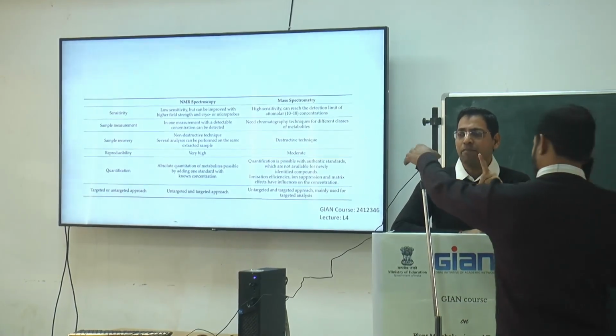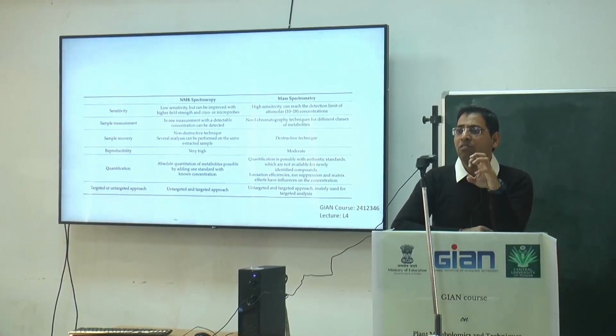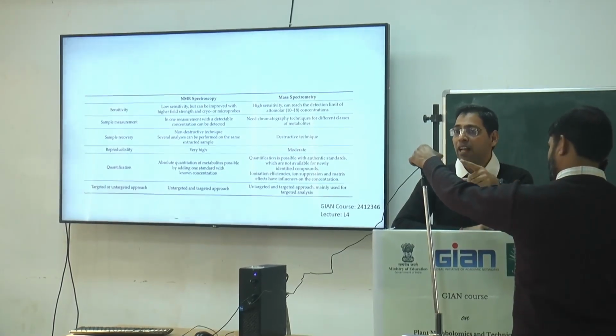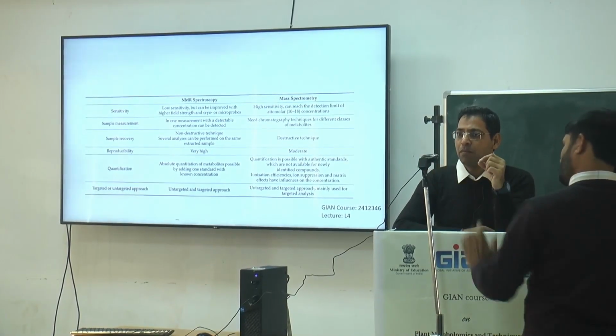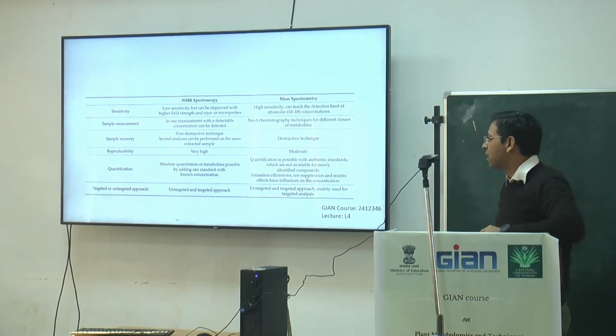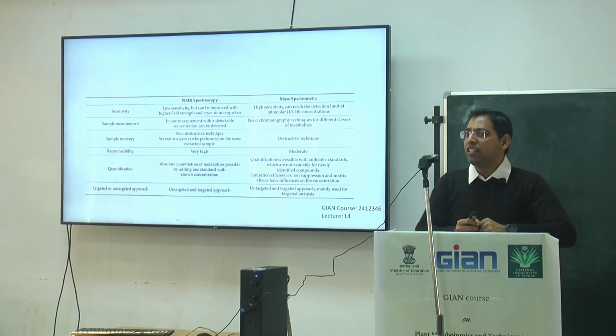In LC-MS, you have to use a destructive technology, and finally you are not able to use those components for any other purpose. But with NMR, if you are using a small amount, the rest you can use for different purposes.